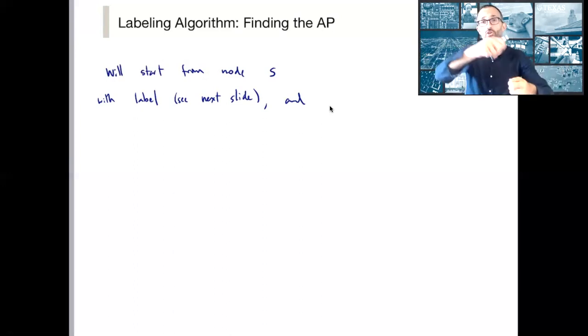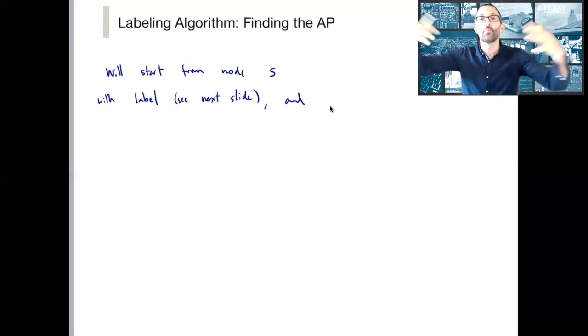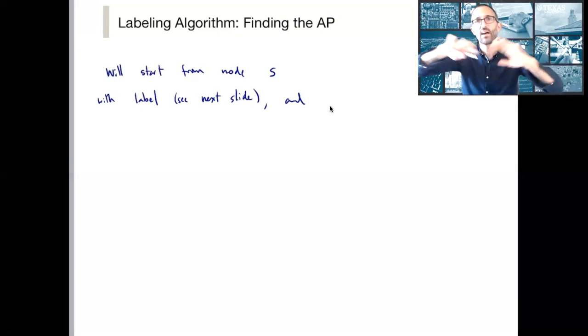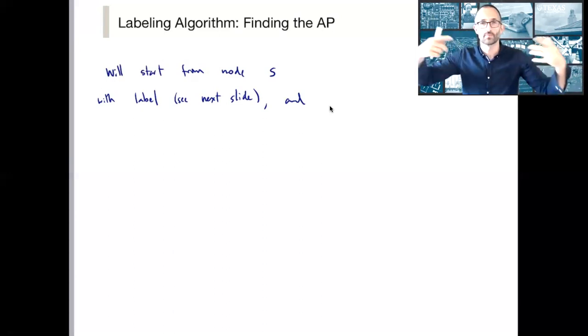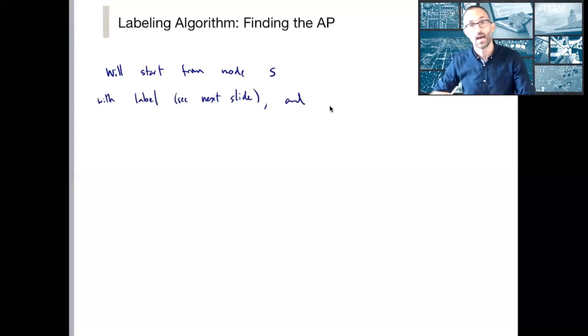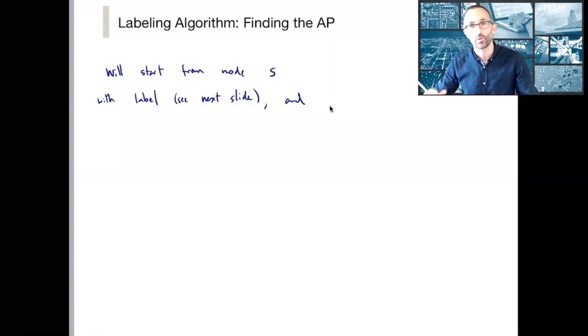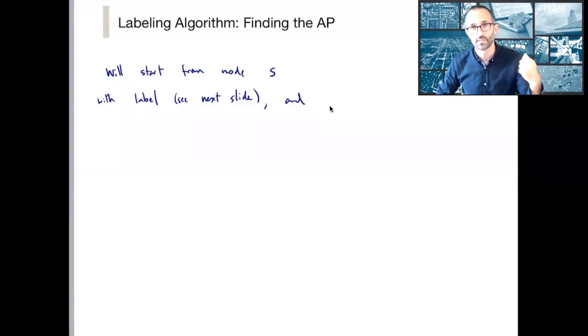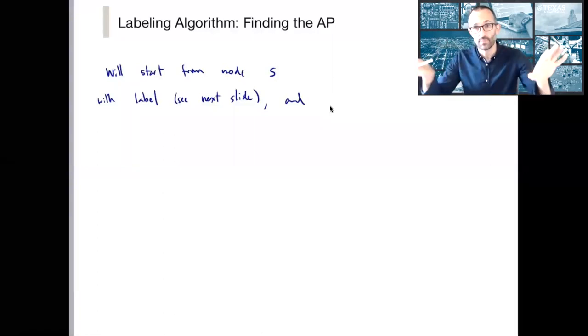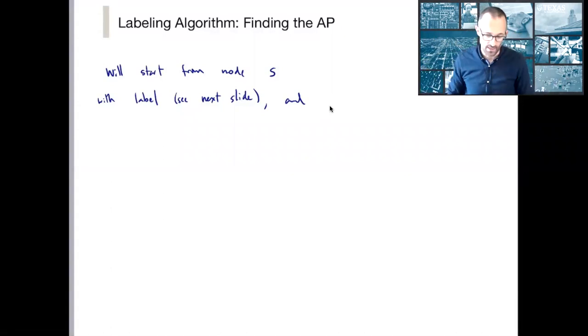And now I go to each of my other labeled nodes, and I label their neighbors. And at all times, in order to make sure I'm not doing something silly like keep going back to S, if I've already labeled all of S's neighbors, it's not going to have anything new to label. So I'm going to remove S from this list of nodes whose label needs to be propagated.